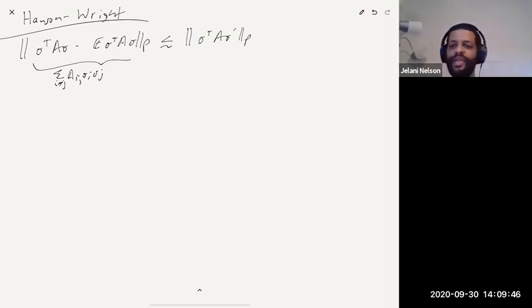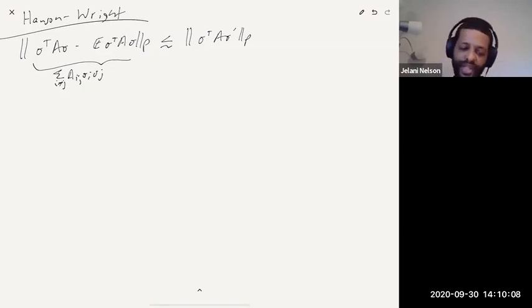Okay, and then now what I want to do is Khinchin's inequality. So if I first just condition on sigma, I can think of sigma as a fixed vector, and first take the expectation over sigma prime.